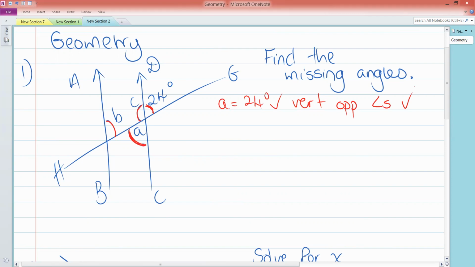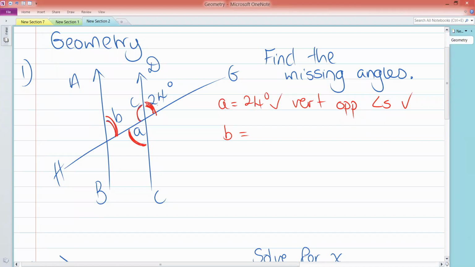Okay, then how would I work out what B is? Look at the position of B. You could either do it in relation to A or in relation to the original angle, which was 24. How would we work that out? If I'm comparing this B here to the original, what do we call those?